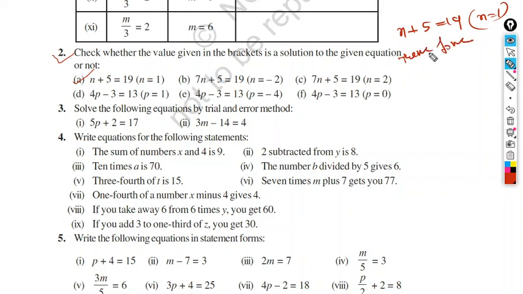Therefore, 1 plus 5. Now we have put the value of n as 1. 1 plus 5 equal to what? 6. Now this 6 is not equal to 19. You can write here: 6 is not equal to 19.